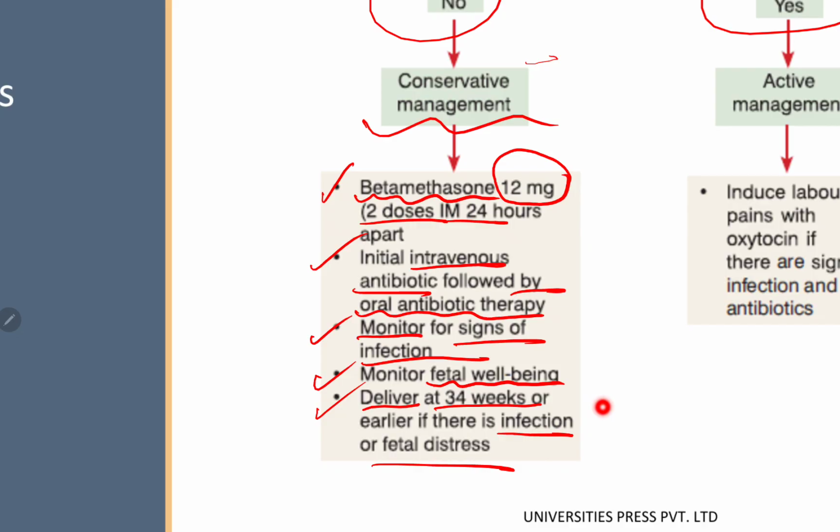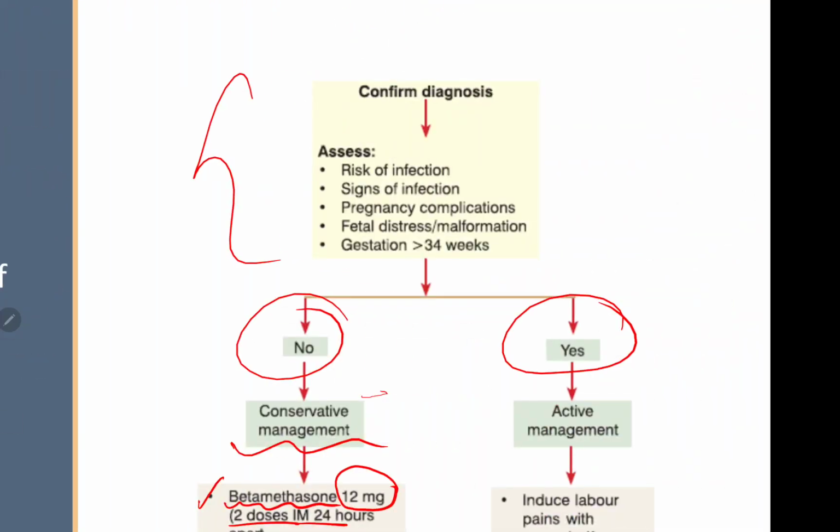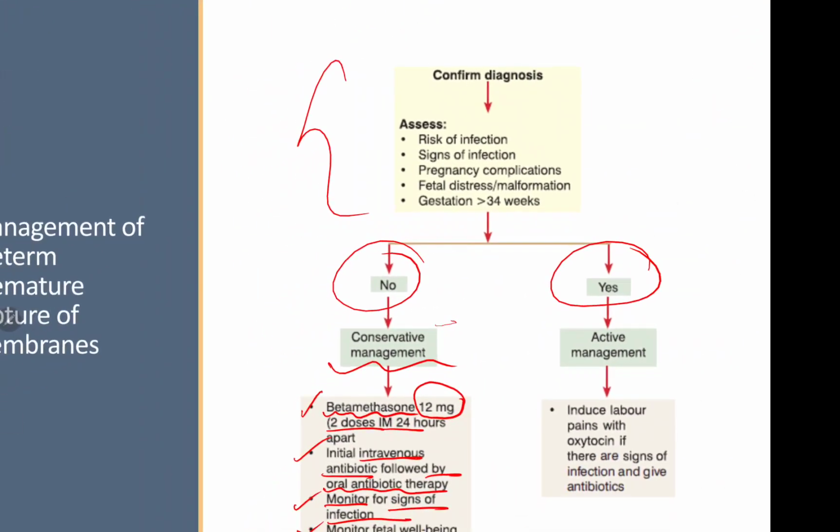So the conservative management includes betamethasone, intravenous antibiotics followed by oral antibiotic therapy, monitoring for signs of infection, monitoring the fetal well-being, and delivery at 34 weeks or earlier if there is any infection or fetal distress. This is the conservative management if none of these factors are present.